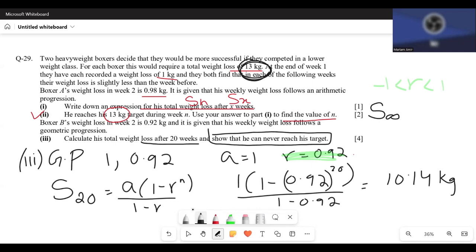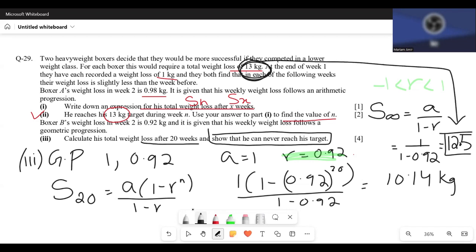So the sum of all terms is going to be a over 1 minus r, which is 1 over 1 minus 0.92, and that comes out to be 12.5. So the poor thing does not meet his target of losing 13 kg. Since 12.5 is less than 13, he does not meet his target.